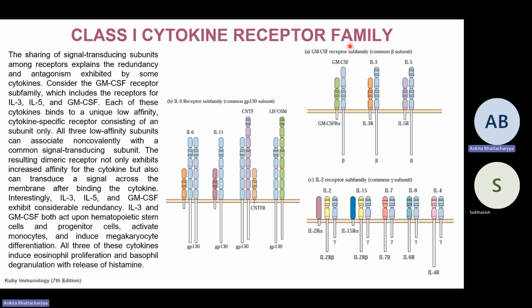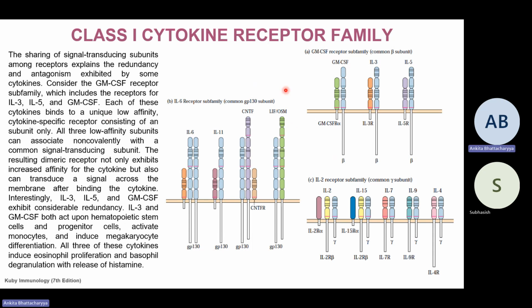The first is the GM-CSF, the granulocyte macrophage colony stimulating factor receptor subfamily. It has a common beta subunit. You can see there is a smaller alpha entity for GM-CSF, IL-3 or IL-5, but their beta subunits are quite long and they are the signal transducing components of this receptor system.